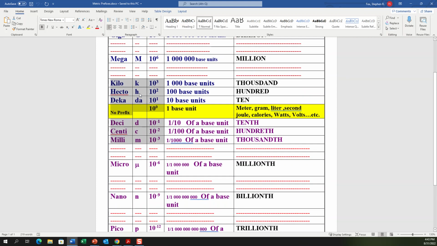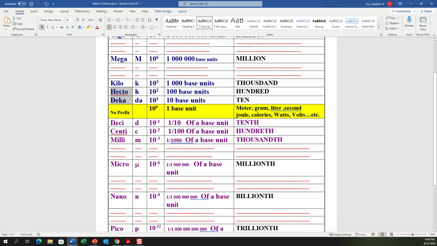But we're going to expand your responsibility in this course from mega down to nano. Okay, so we're talking about mega, which means 10 to the 6th, and we're talking about nano, which means 10 to the -9. Okay, so we're really never going to refer to hecto or deca, so you're not going to really see those ever in chemistry.